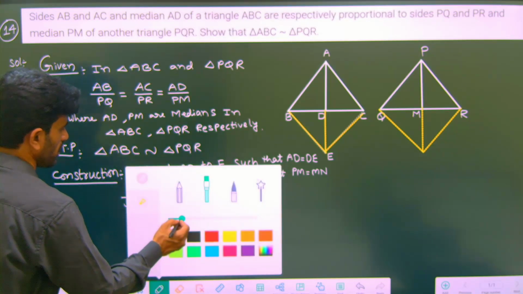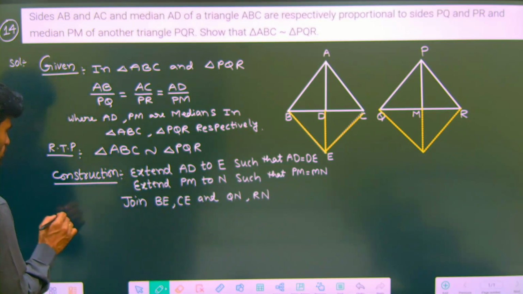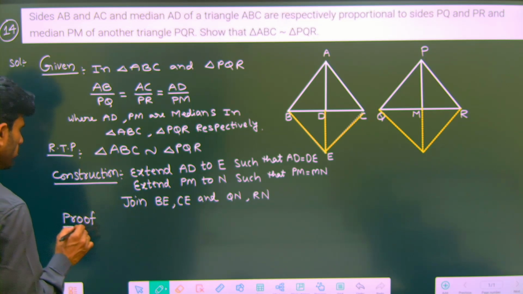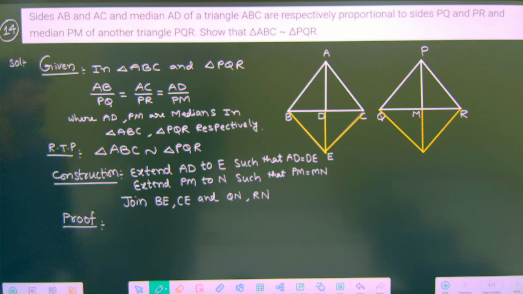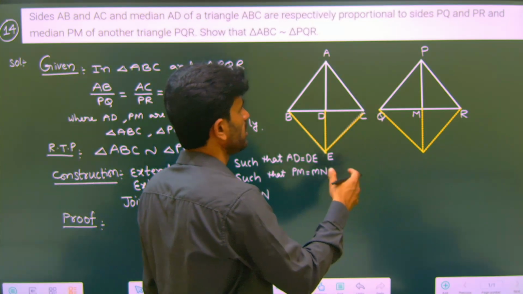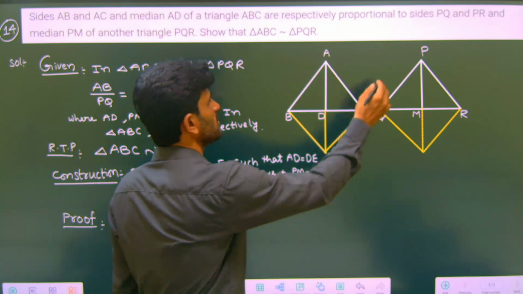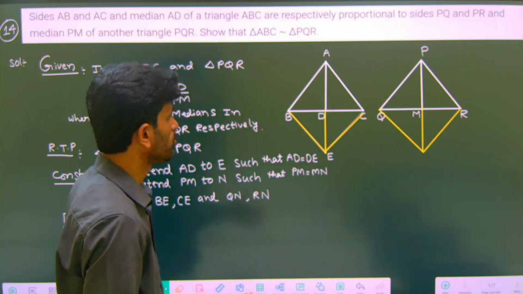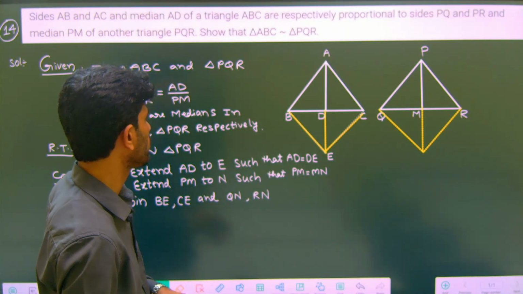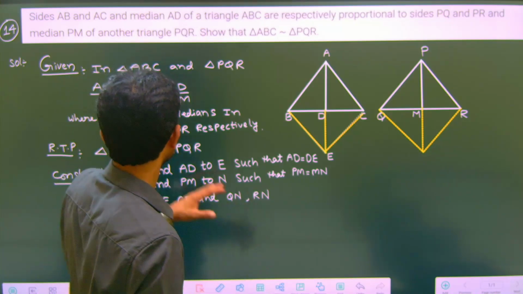Now once the construction part is finished, we go for the proof. This is the main part of the solution. Our main aim is to prove ABC similar to PQR, and to prove that we have done this construction. After the construction, you take the given ratio.